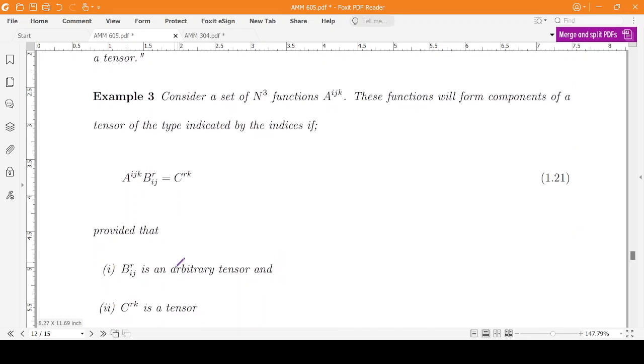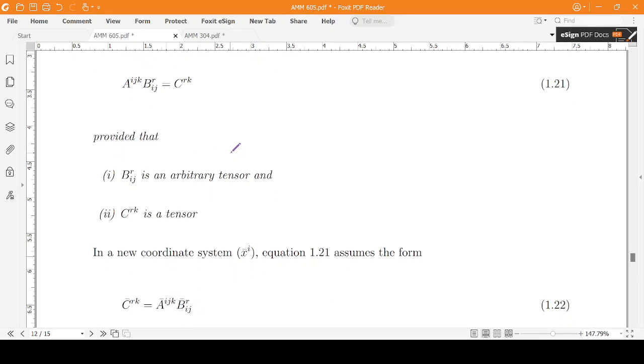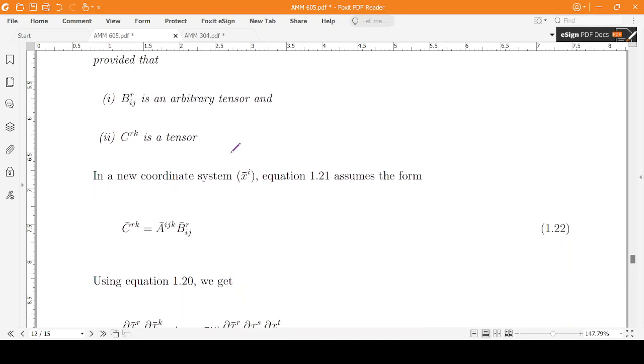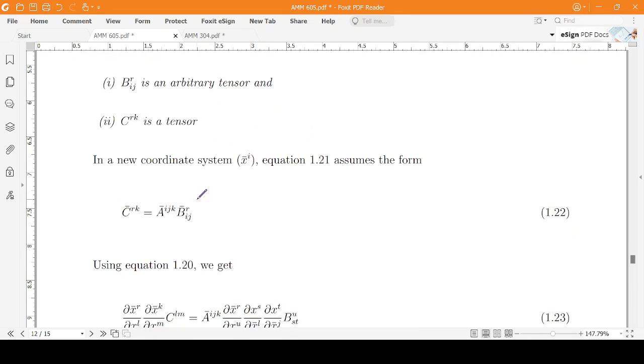So provided that b^r_ij is an arbitrary tensor and c^r_k is also a tensor, then aijk will form the components of a tensor of rank 3. We can have this expression in a new coordinate system x bar, and this equation 1.21 can be expressed in this form. Here we just changed the coordinate system.